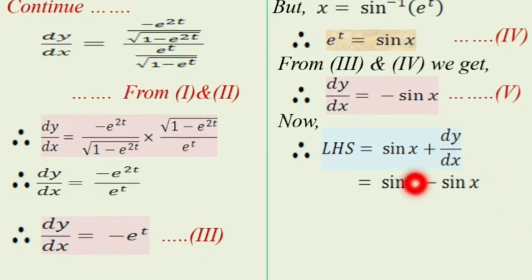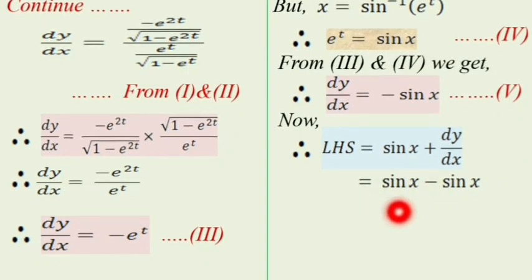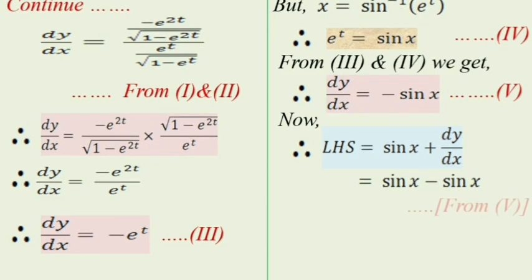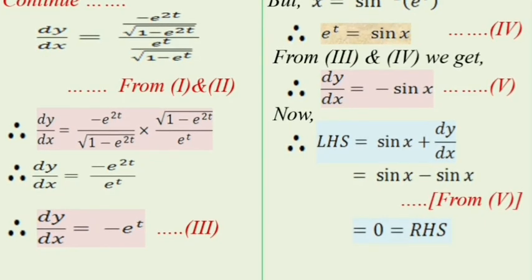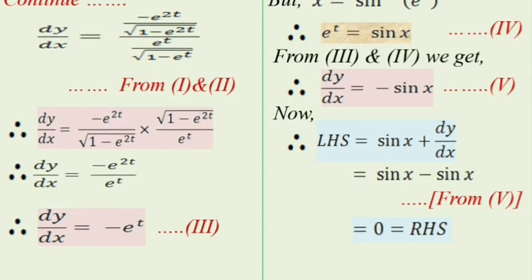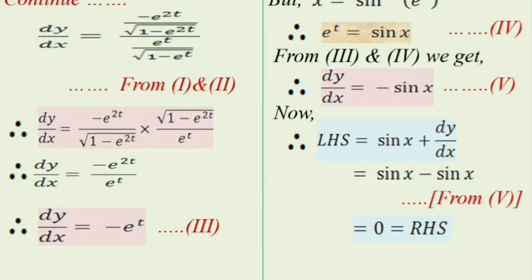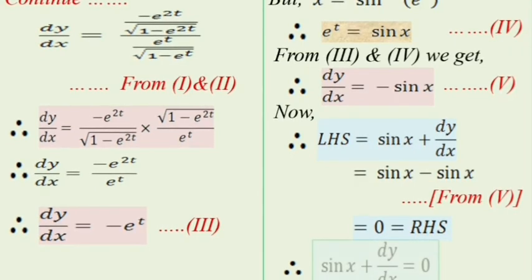Therefore sin x minus sin x gets cancelled, only 0 remaining, and therefore LHS equal to 0, which is the value of our RHS. That means we have shown that sin x plus dy by dx equal to 0, and that is the proof of our example.